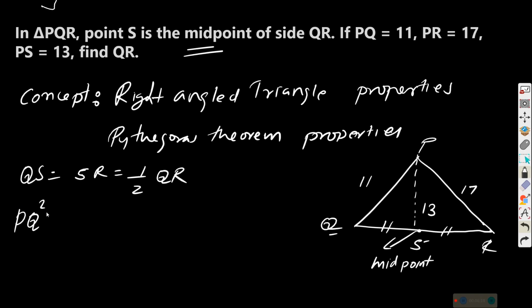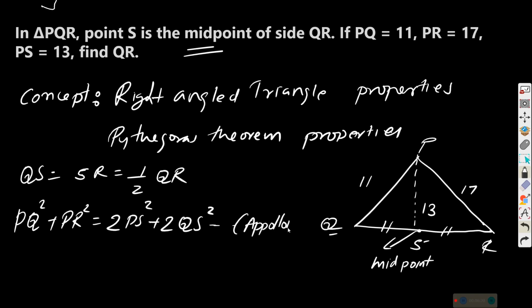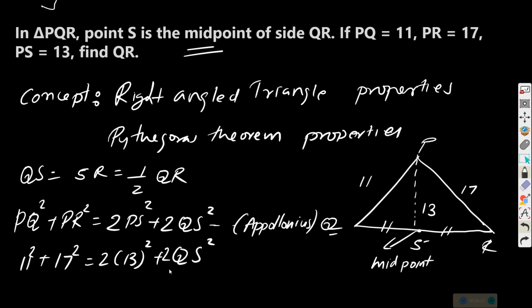And we also know that we have the Apollonius theorem, which helps us to do all these things: PQ square plus PR square is equal to 2PS square plus 2QS square. When we apply that theorem, you get the answer simply by substituting the values: 11 square, then 17 square, then 13 square. Only QS is not given, so damn sure that we will get the answer. Is it not? We are 100% sure.